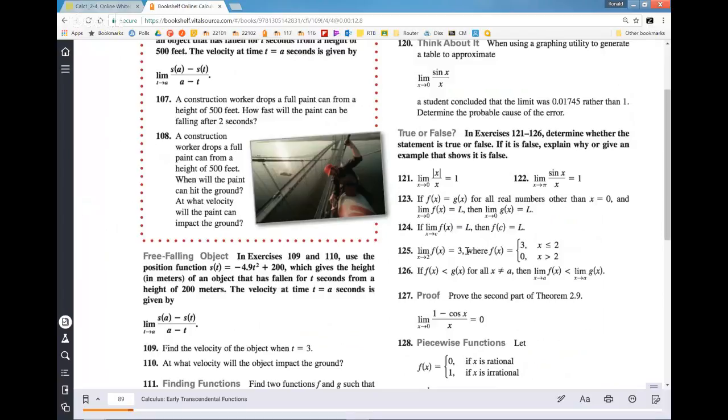So that one definitely is false. Anyway, I would just like to encourage you to make sure you go through the true false 121 to 126, I believe, was assigned to you.